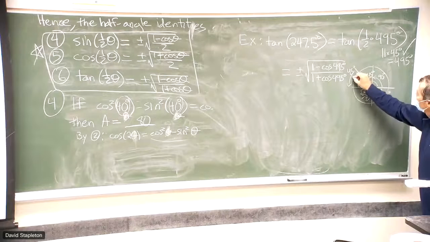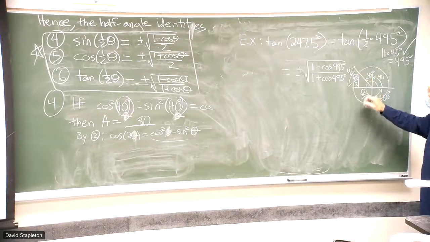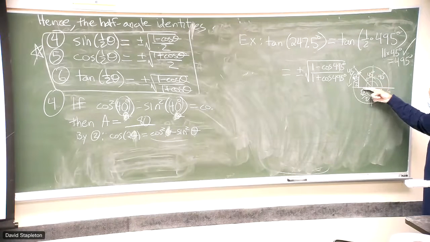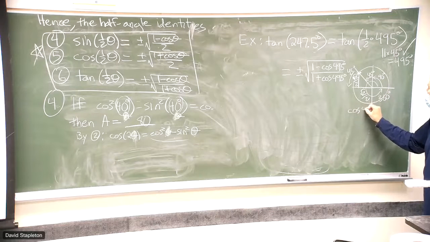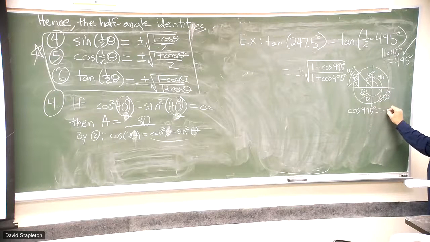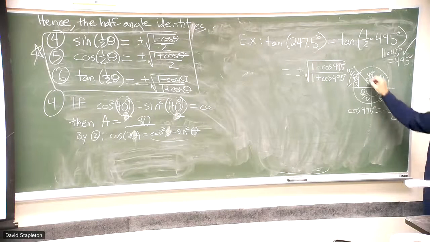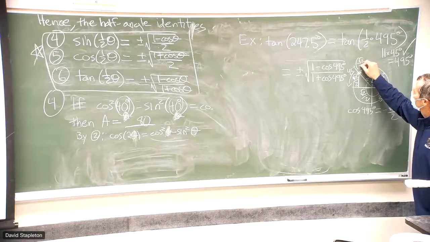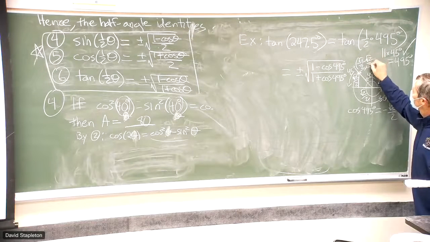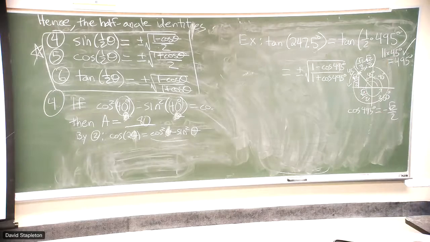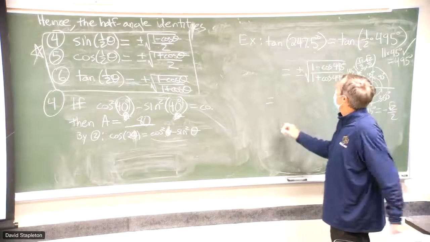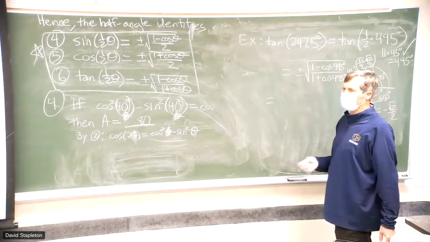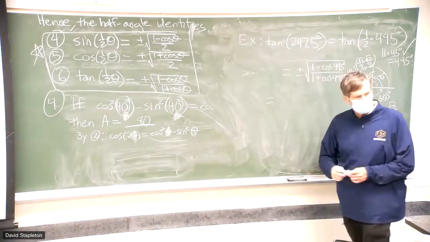I figure out the side lengths here are square root 2 over 2, square root 2 over 2. And the cosine is the x coordinate. All right, cosine of 495 must be minus square root 2 over 2, the x coordinate. After all, the coordinates are minus square root 2 over 2, plus square root 2 over 2, and that gives you the cosines. So I'll put that in. I'll say exactly the tangent of this is, well, wait a minute, is it plus or minus? How about that?